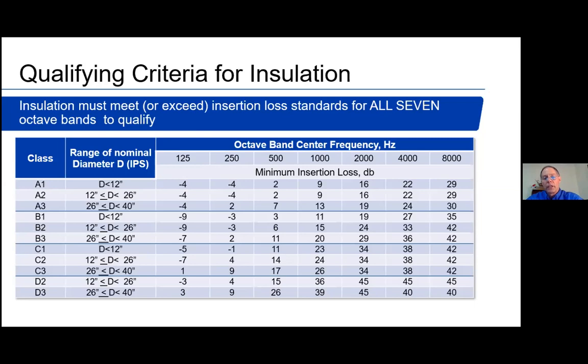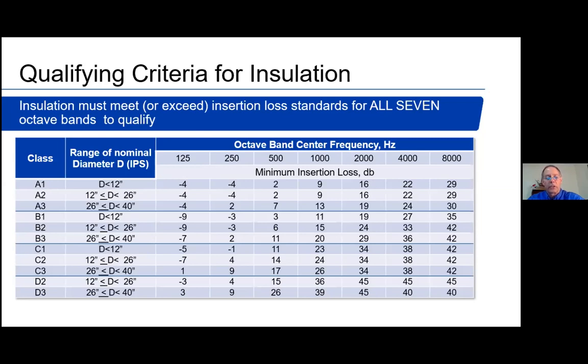And you can see that as you go from A to B to C to D, the amount of insertion loss performance that is required increases, which backs up what I said a moment ago in terms of class D being the most difficult.